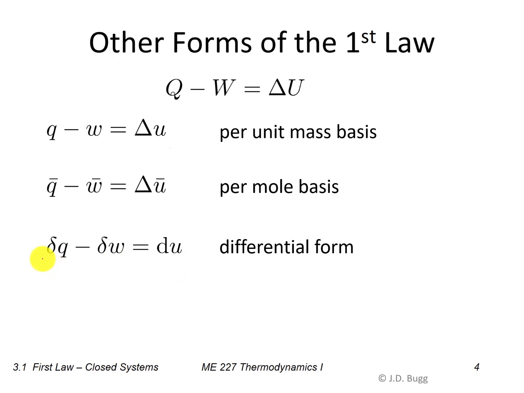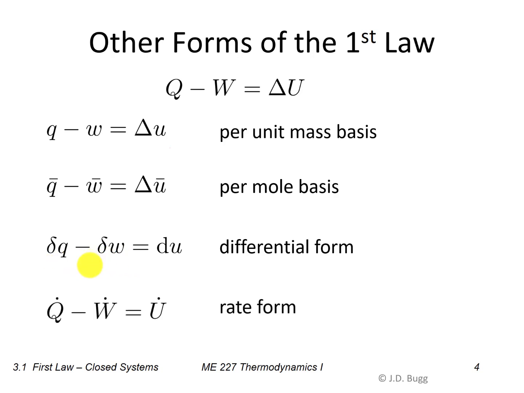However, in thermodynamics, we like to remind ourselves that these things are path functions and not state functions by using a different symbol to indicate a small amount. And we use a delta for that purpose. So delta Q, delta W are small amounts of heat transfer and small amounts of work transfer, but the delta is used as a reminder that these are path functions.